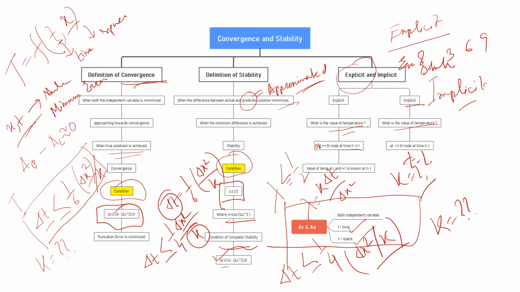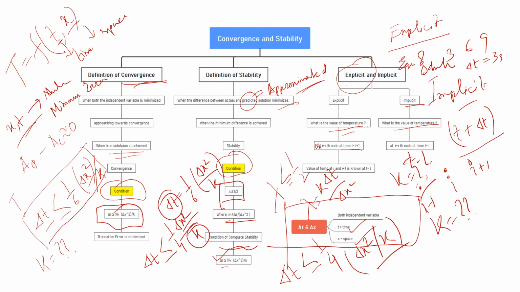So when this del t, the difference of two times, is here 3, and when we are coming to t plus del t, at that time, what is the temperature at I plus 1? Okay, and you know the temperature at I, and also you may know the temperature at I minus 1.